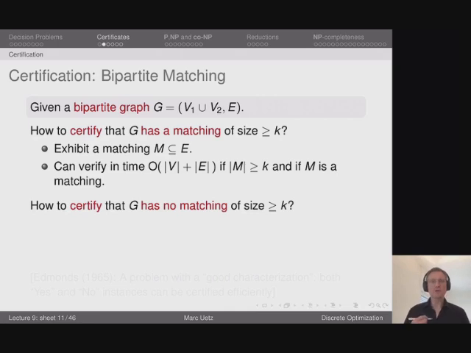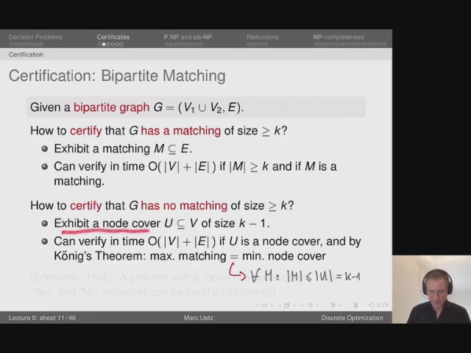So if you want to certify to me that the graph has no matching of size K, you just tell me, okay, I give you this node cover U of the graph, and it has a very small size, namely at most K minus 1. And I can verify that this is true. I can verify that what you give me is indeed a node cover of the graph in linear time in the size of the graph.